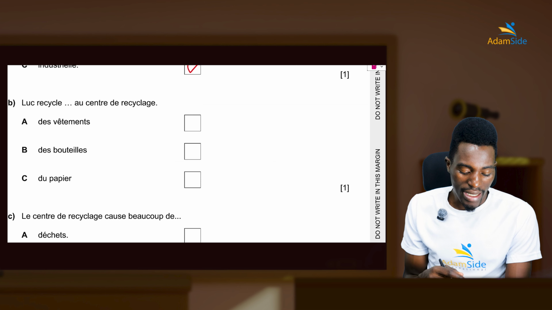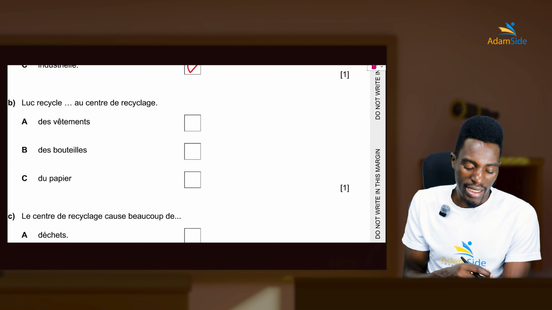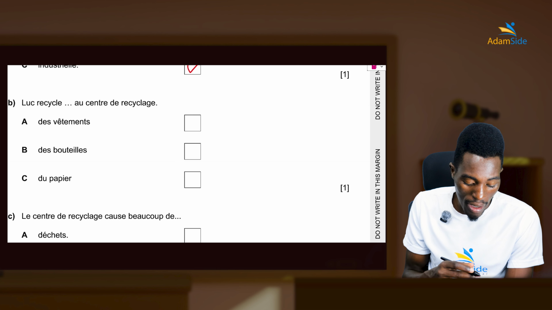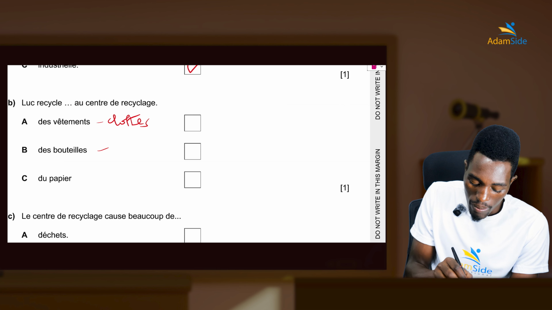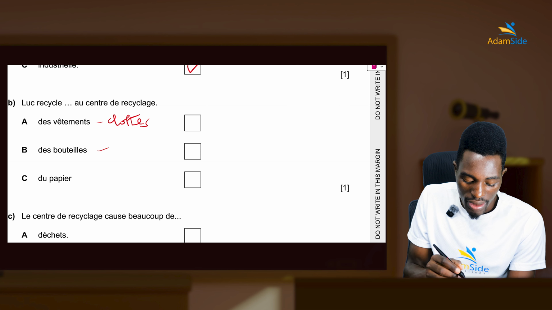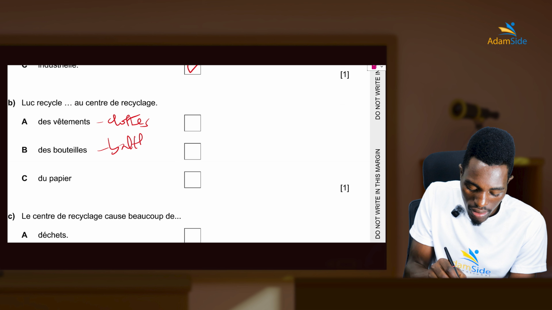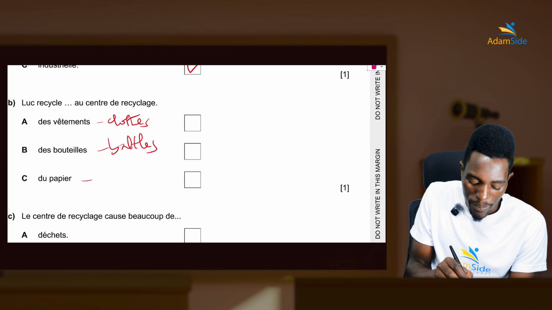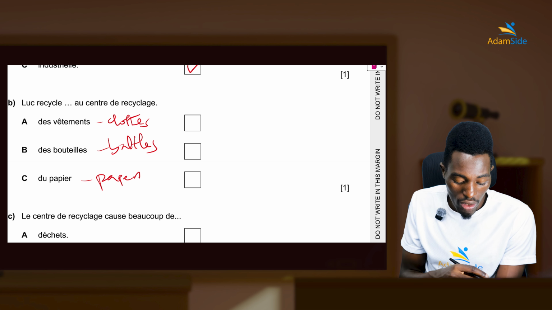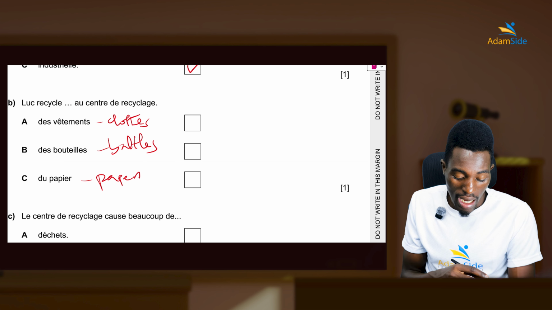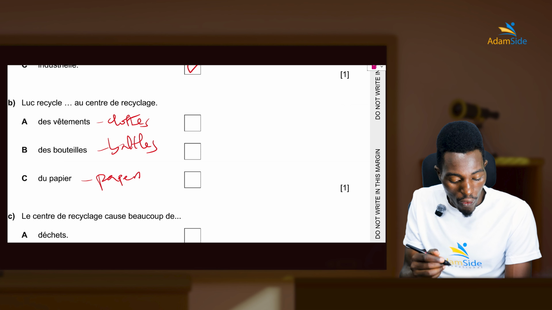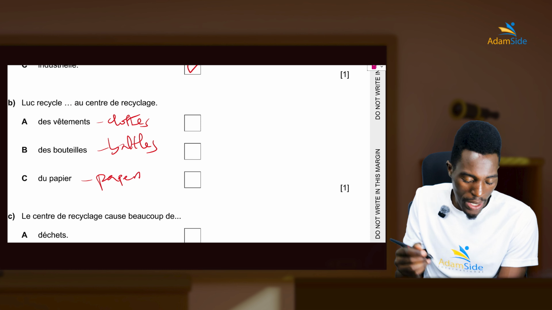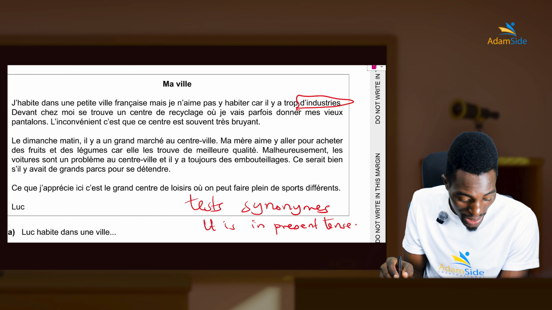So I have to say whether the industry is for clothes, des vêtements, bottles, bouteilles, or du papier, an industry of papers. So I have to go to the paragraph and find whether the industry is for clothes or for bottles or for papers.